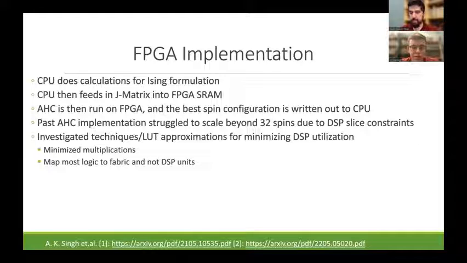Now, in the past, implementations of AHC have had scalability issues above 32 spins due to certain DSP constraints. So our optimizations aimed to minimize DSP usage using LUT approximations, as well as mapping. So this involved minimizing multiplications and mapping this logic to fabric as opposed to DSP units.